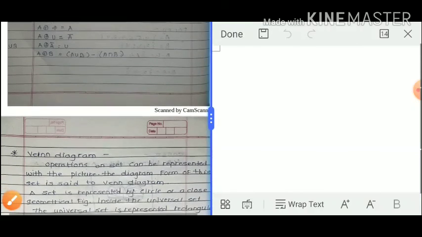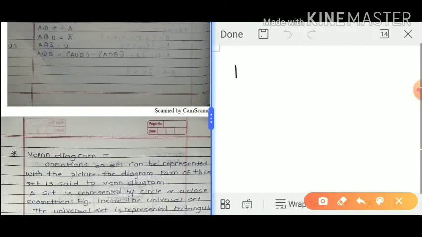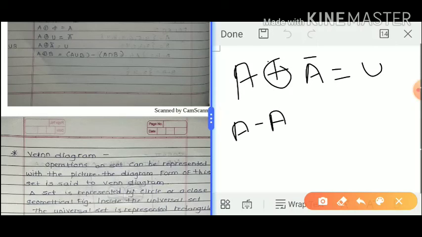Okay, and A symmetric difference A complement equals the universal set, because suppose A minus A complement union A complement minus A. Here A minus A complement means all the elements of A, since the sets A and A complement are not equal; they have different elements.